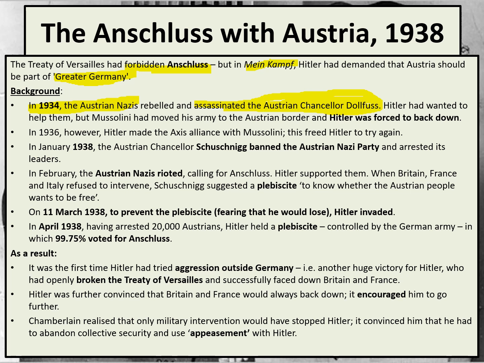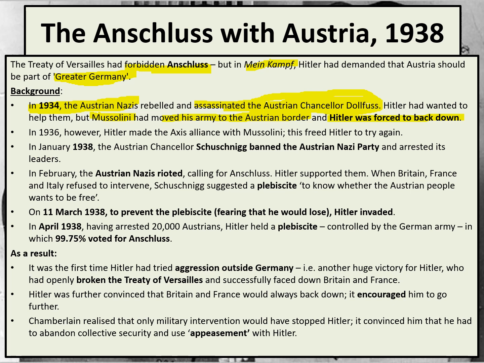Hitler had wanted to help the Austrian Nazis and really push the advantage and take over the government. But Mussolini, bear in mind this is 1934, there's no alliance between Italy and Germany at this point, he moved his army to the Austrian border. He said, if you take over Austria, we will fight you. Hitler had only been rearming for 1 year, he was in no position to fight, and so he backed down.